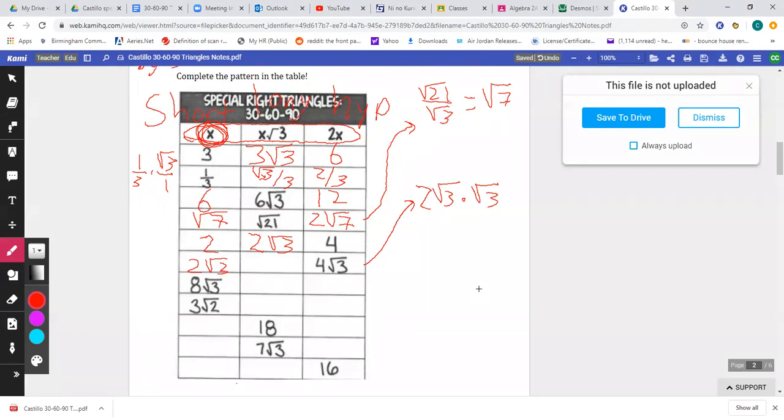Remember how I told you √3 times √3 is just 3, right? For 45, 45, 90, we would always do √2 times √2 is 2, right? So √3 times √3 is just 3. Because remember, √3 times √3 is √9, which ends up being 3. So 2 times 3 is 6. There we go.